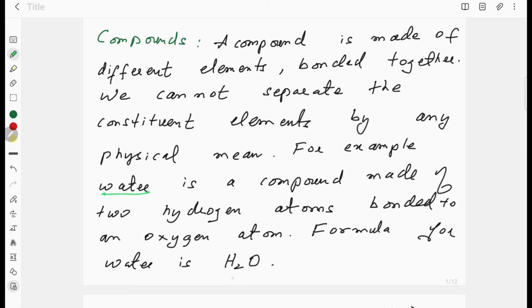The formula for water is H2O, where hydrogen and oxygen are in the ratio of 2:1. It's a fixed proportion, and the ratio between hydrogen and oxygen is always 2:1. The constituent hydrogen and oxygen in water cannot be separated by any physical means.